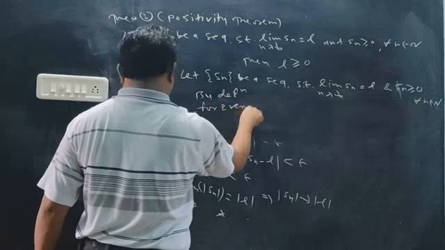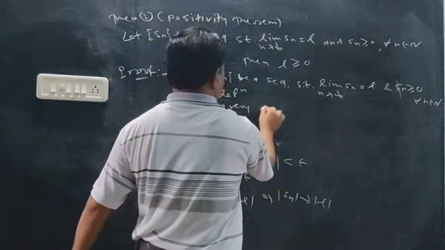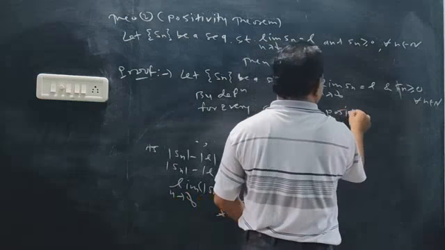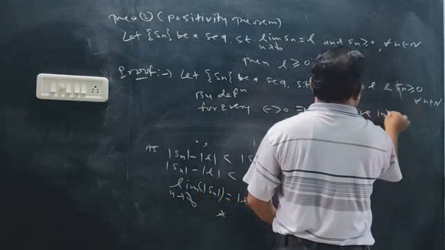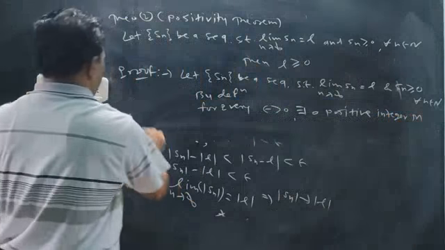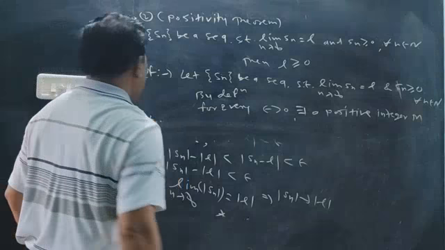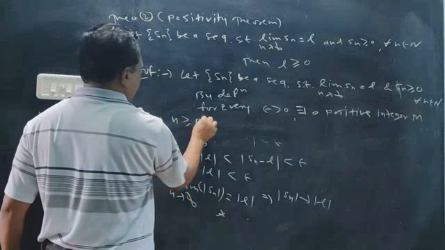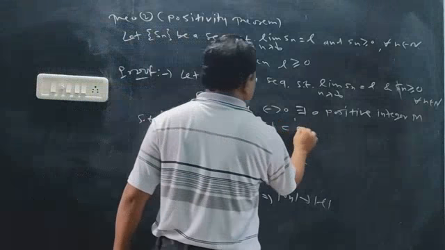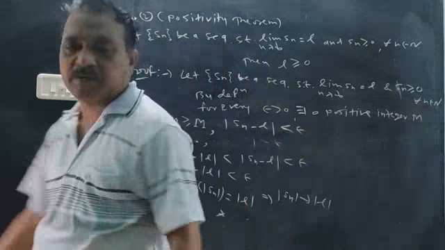For every epsilon greater than 0, there exists a positive integer m such that for n greater than m, mod of Sn minus L is less than epsilon.